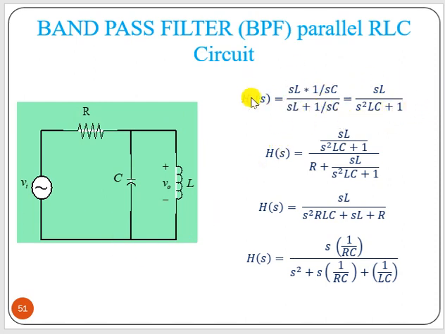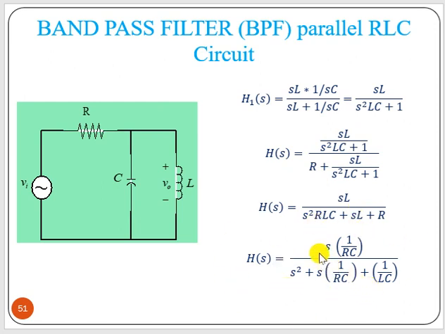This is in series with R, and we have to find the voltage drop across it. So this is your Z1, the first term, divided by R plus Z1. Then if you solve it, we will get this expression.